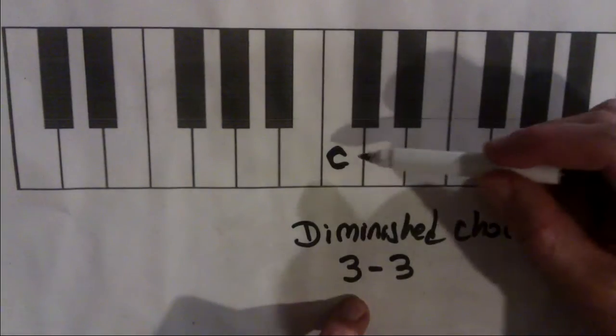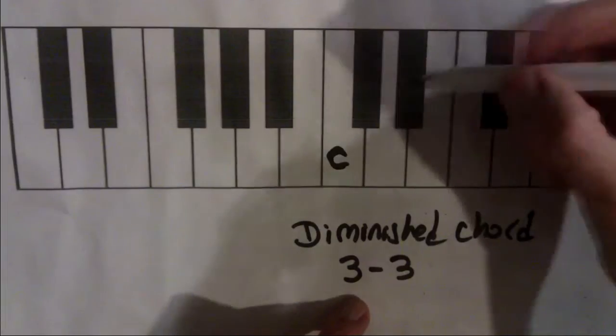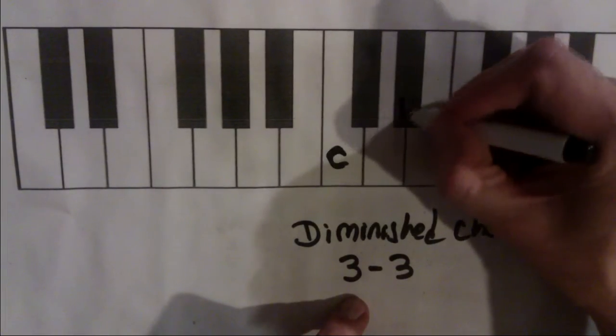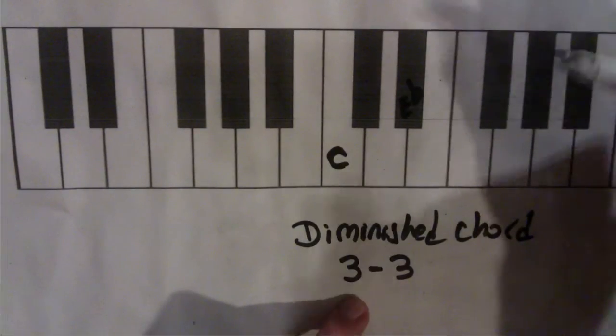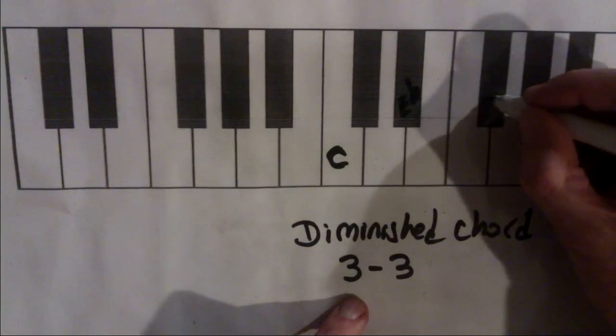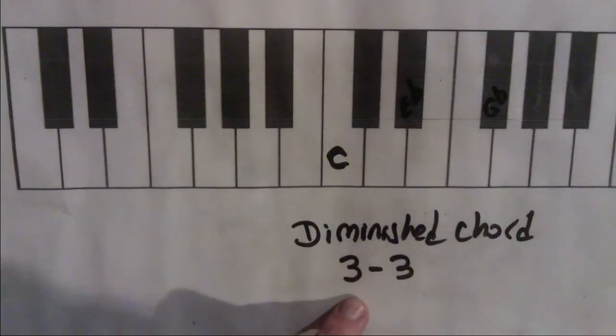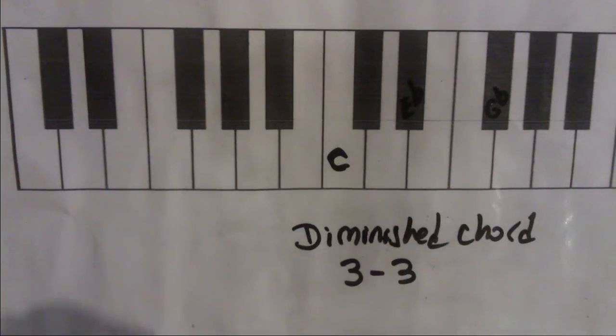For example, 0, 1, 2, 3, and then we're going to have an E flat, and then 0, 1, 2, 3, and we're going to have the G flat, and that is going to sound like this. So that is a typical sound of a diminished chord. Compare with the major chord, compare with the minor chord, then the diminished chord.